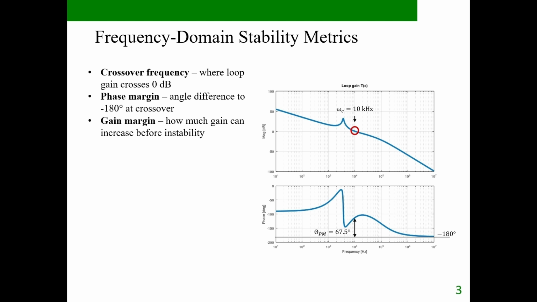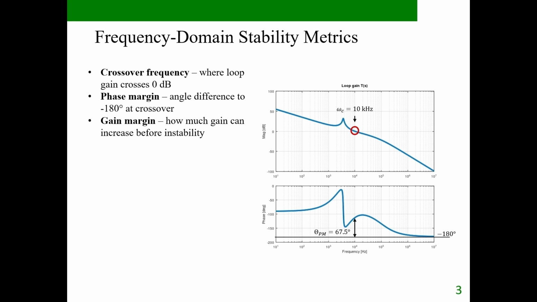That simply means that increasing the loop gain will always cause the crossover to happen at some lower frequency where the phase is still safe. In practice, infinite gain margin just means the limiting factor is phase margin and not gain margin.